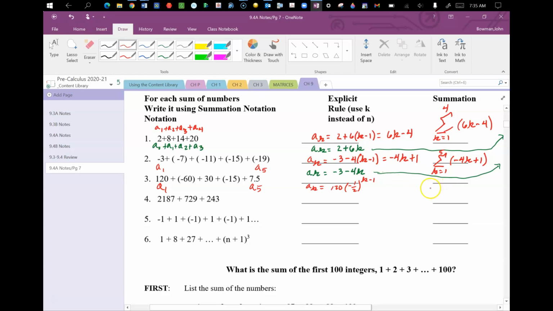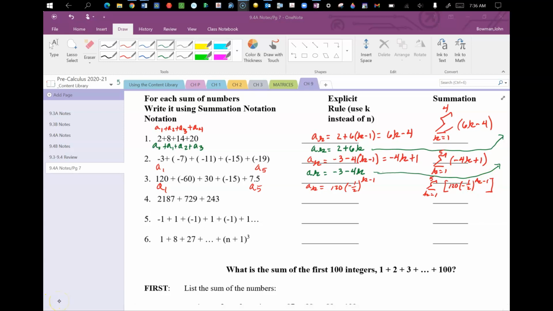So to write that using sigma notation, we're going to write from k equal 1 to 5. And we're simply going to put the explicit rule in there. So our explicit rule is 120 times -1/2 to the k minus 1 power.